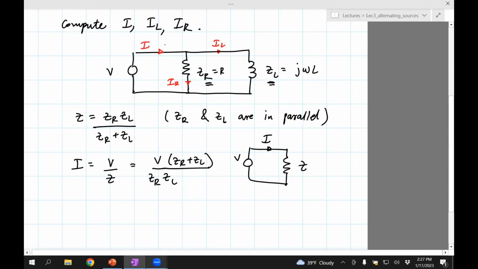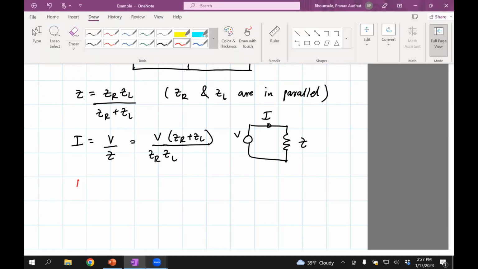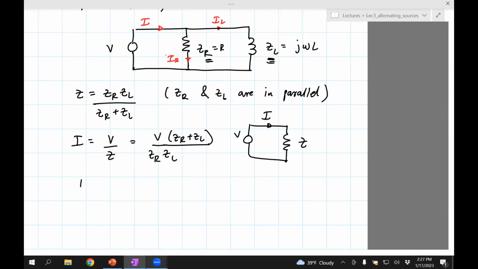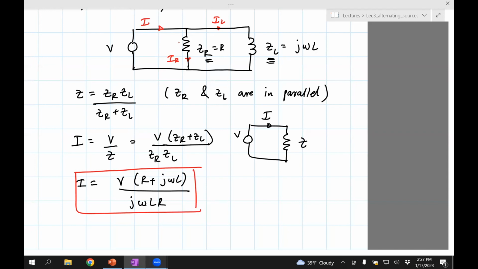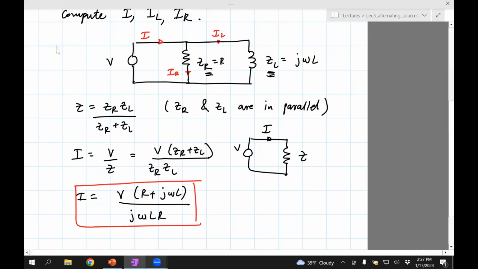And then the last step is to put in the values for ZR and ZL, which I've written down here. ZR is R, ZL is j omega L, so we get j omega L R over R plus j omega L. That's the final expression. Now let's compute the currents in the two branches. For that, let me just copy this.